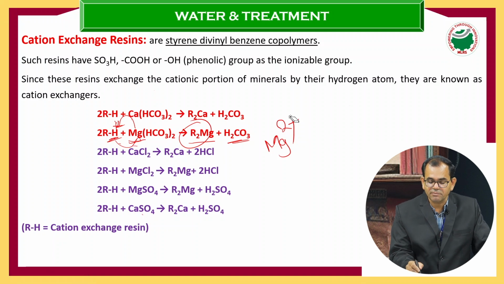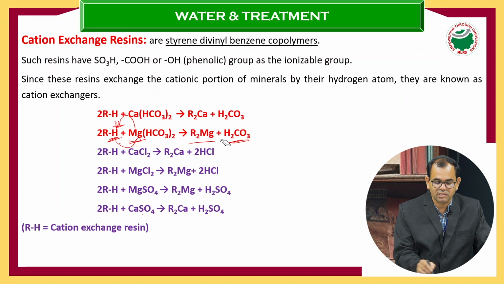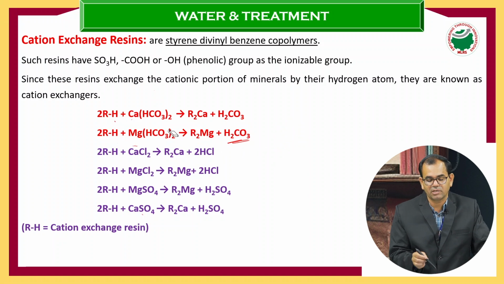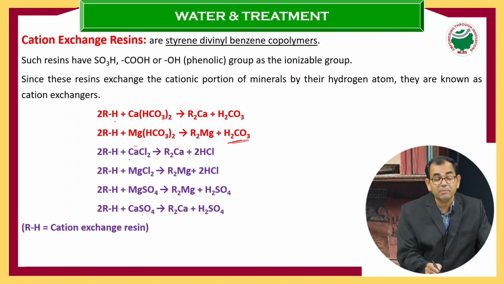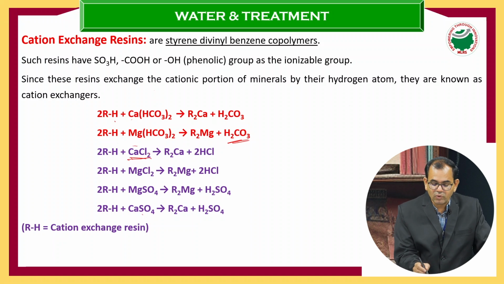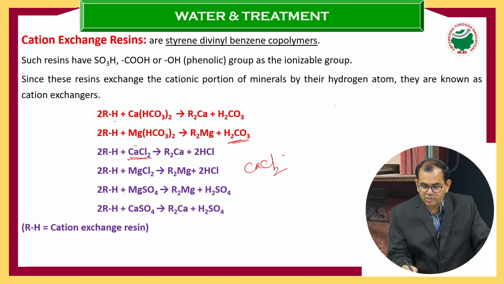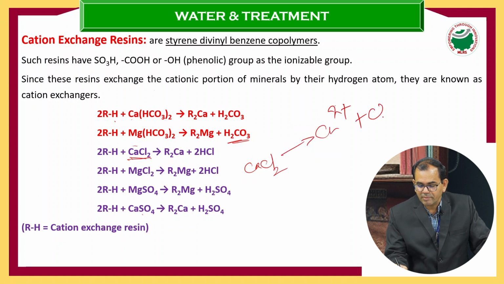That is in the case of two temporary hardness causing salts, calcium bicarbonate and magnesium bicarbonate. When we talk about a permanent hardness causing salt, that is calcium chloride. Calcium chloride dissociates: CaCl2 gives rise to Ca2 plus and 2Cl minus.